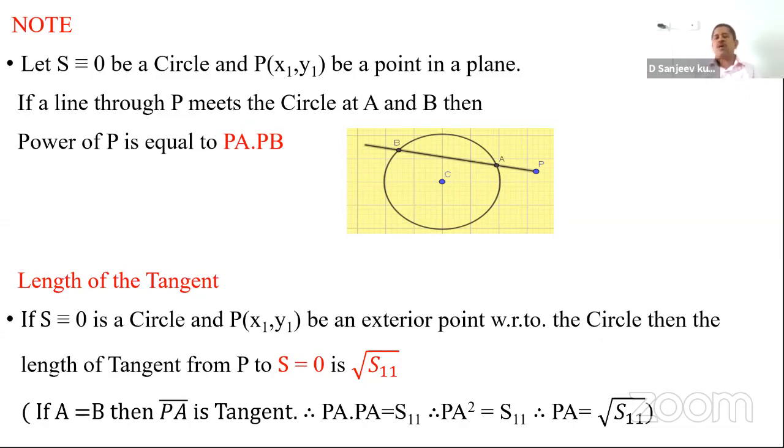Once S11 is equal to 0, definitely there is not going to be any tangent. So practically it is not possible here. Now, if you take the point P inside the circle, then there is no possibility of having any tangent. So depending on the position of P, we can say the length of the tangent is given as square root of S11. So the point is an exterior point only. So the length of the tangent from an exterior point P to the circle is given as square root of S11.